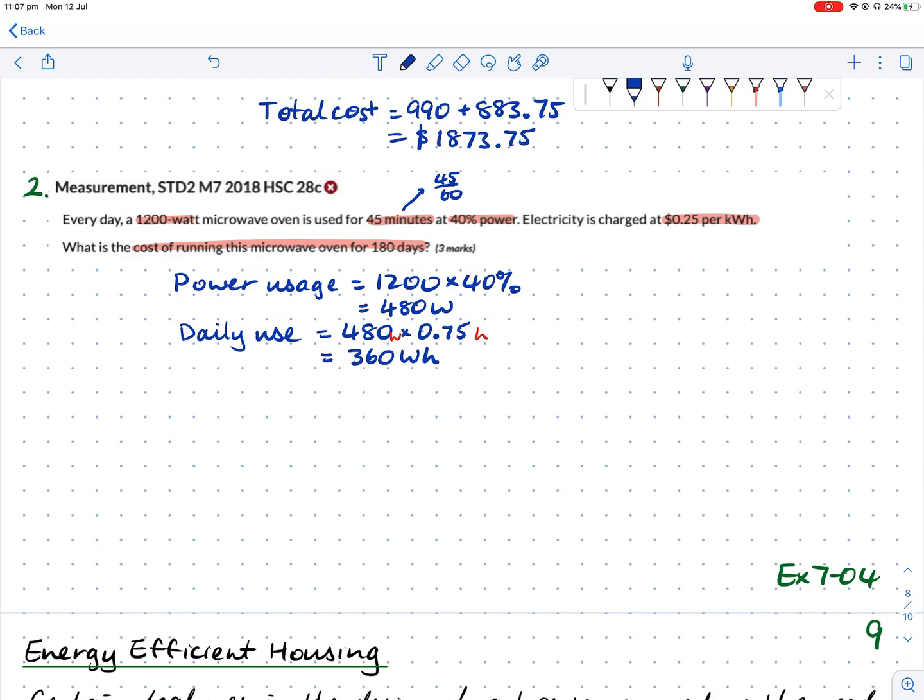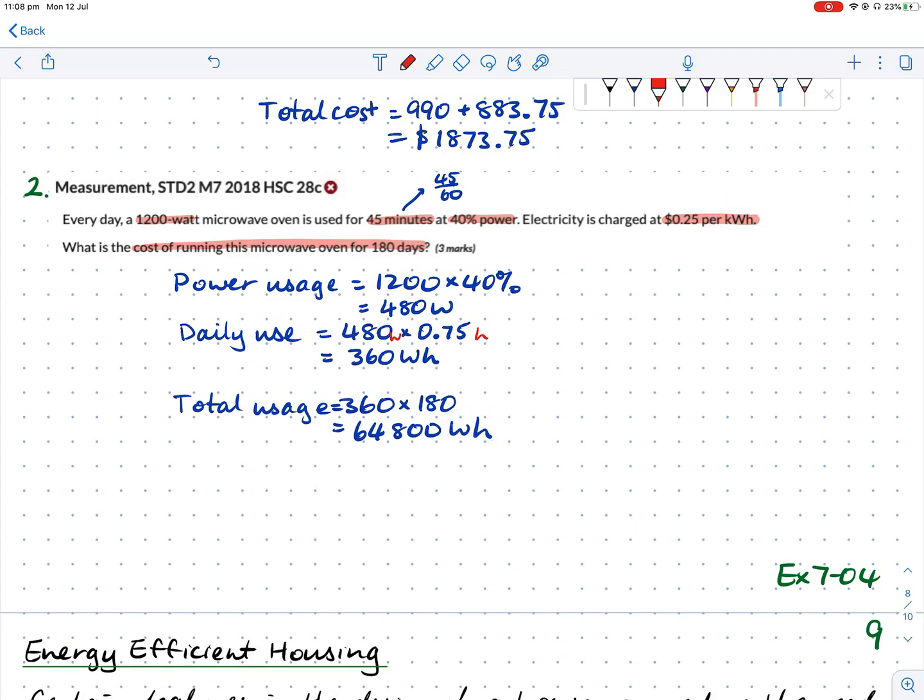We're using this for 180 days. So the total usage is 360 watt hours multiplied by 180 days, and that's going to be 64,800 watt hours. Some people will take that and multiply it by the electricity cost, but you need to remember that the price is per kilowatt hour, and we've got watt hours.